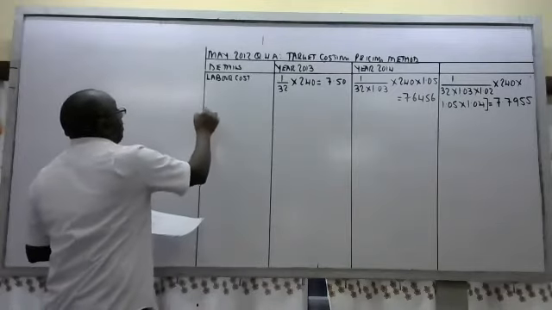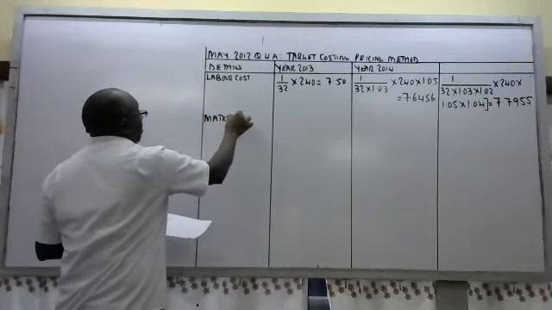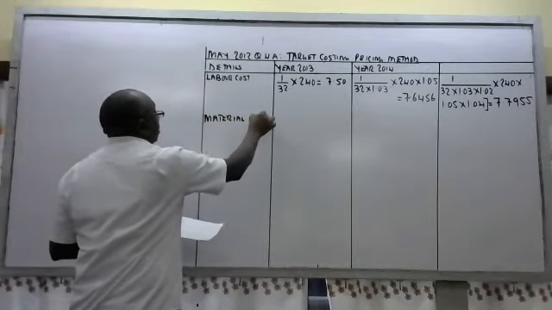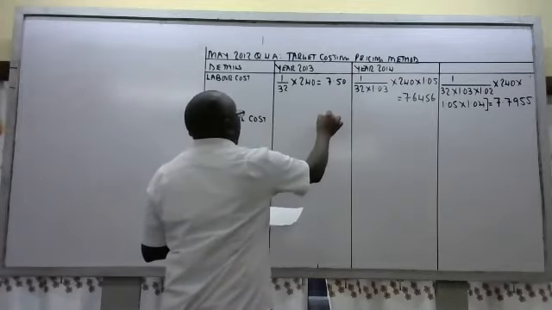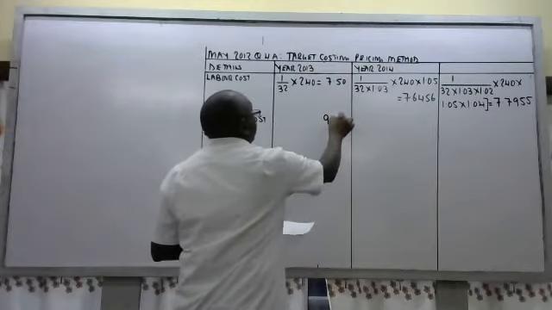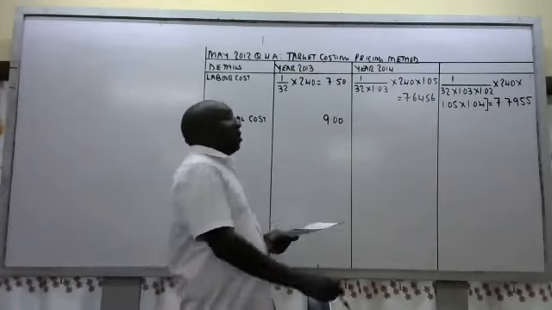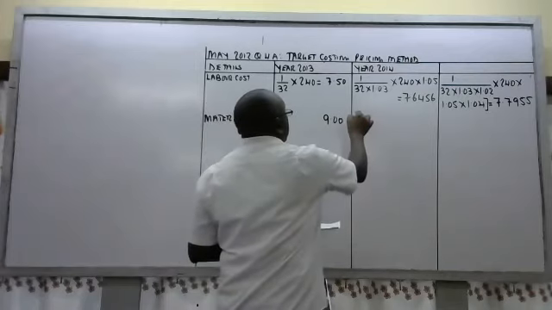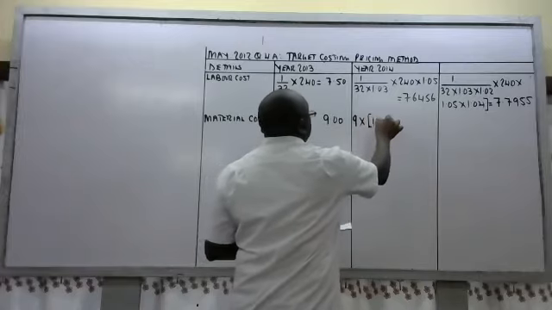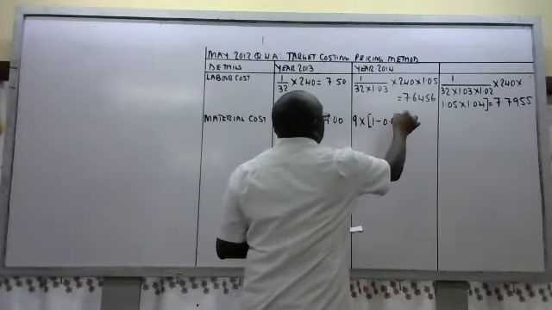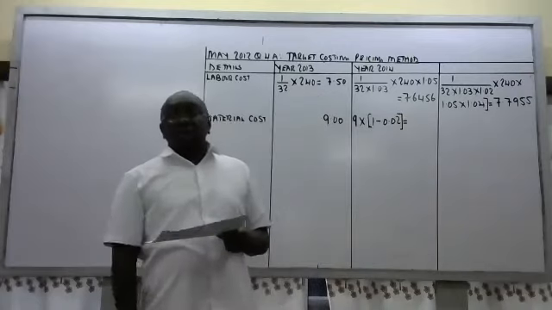So let's now bring the material costs. We are told it is 9 in the first year. But going to the second year, it will reduce. So it will be 9 times 1 minus 0.02. It will reduce by 2%.